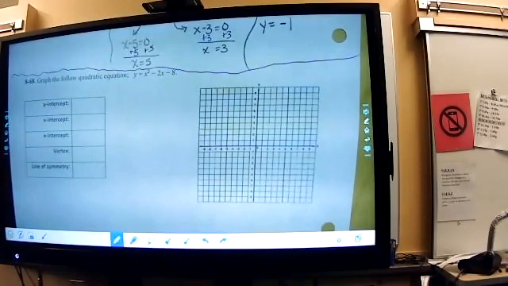Well, we graph all of those points right now. Graph them first and then we'll talk about that vertex.